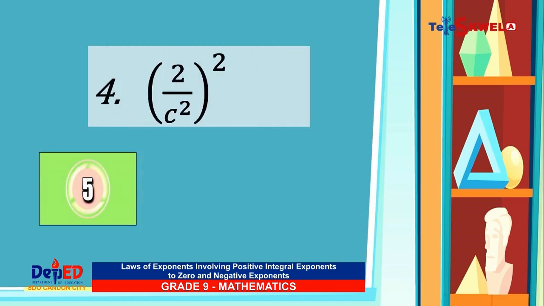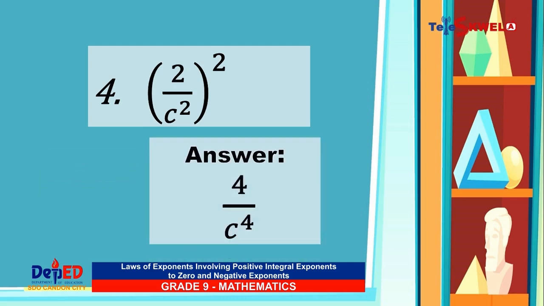Number 4, the quantity 2 all over c raised to the 2nd power, raised to 2. The answer is 4 all over c raised to the 4th power. Excellent.